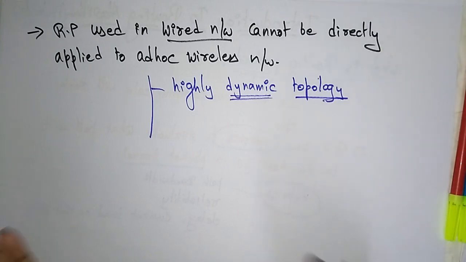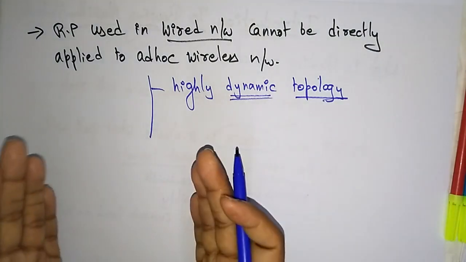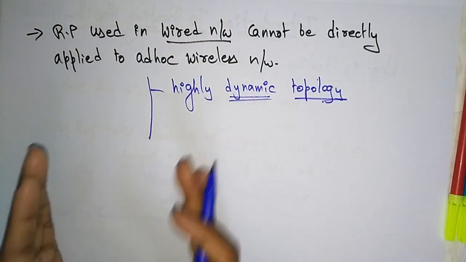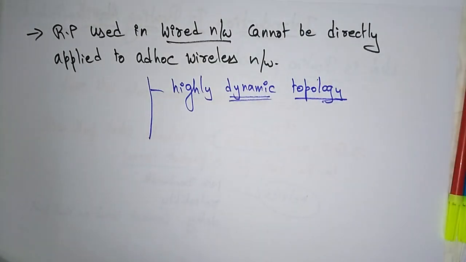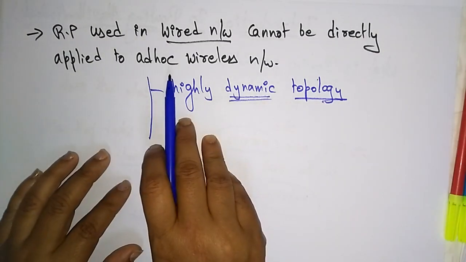Within a second the path will be changing. Suppose at present your path is here, you are moving and your path is changing, which means the communication and transfer of data over the wireless network is changing. Within a second the topology has to change, but in a wired network it can't.